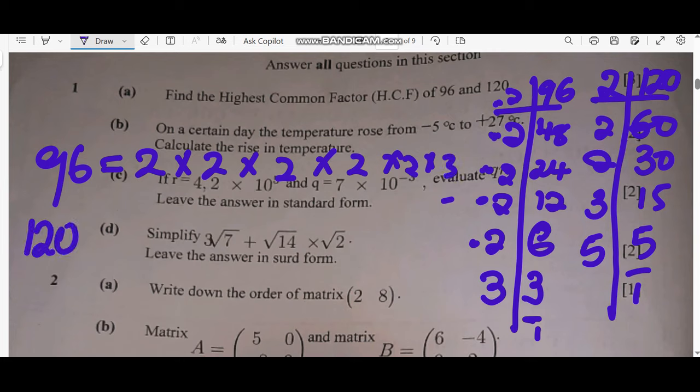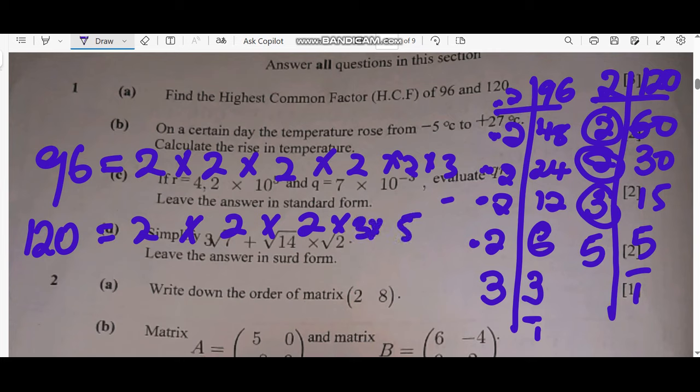Then 120 is equal to 2 again times these 2 here times these 2 here times this 3 here times 5. So we are now finding the HCF.